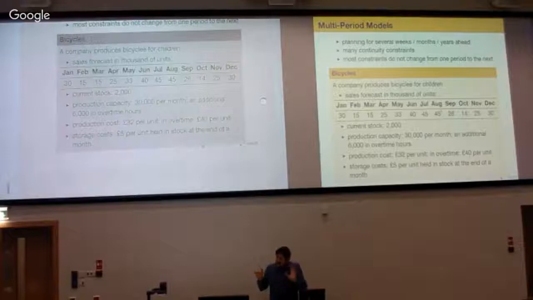And you know that your factory can produce up to 30,000 bicycles, and if you ask your workers to work overtime, they can produce up to an additional 6,000 bicycles, so 36,000.